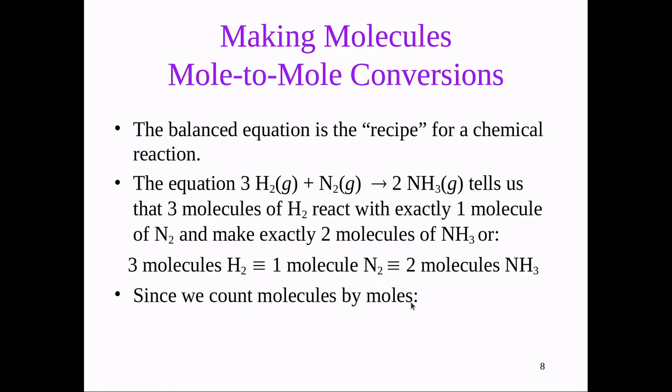Since we count molecules by moles, it's also equivalent to say that this is all true for the number of moles. So 3 moles of hydrogen plus 1 mole of nitrogen is going to make 2 moles of ammonia.